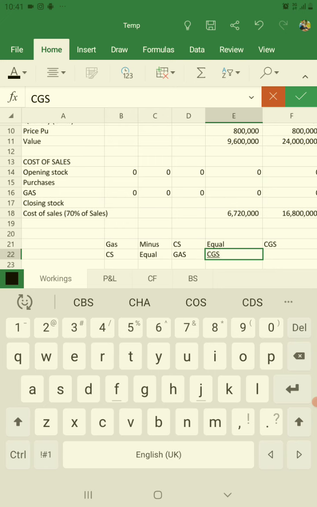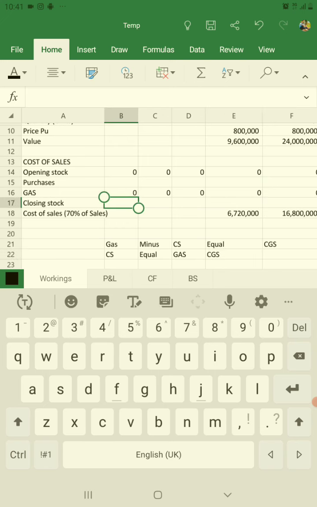So closing stock is a derived figure: to get closing stock, I take GAS and then minus cost of goods sold.